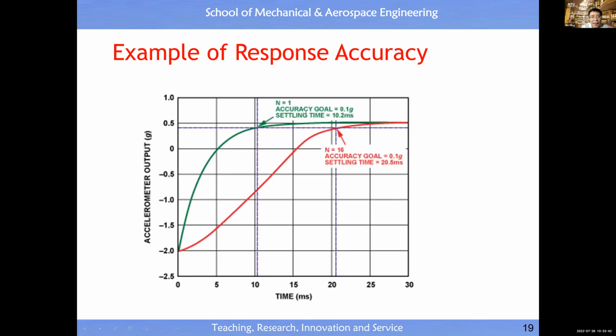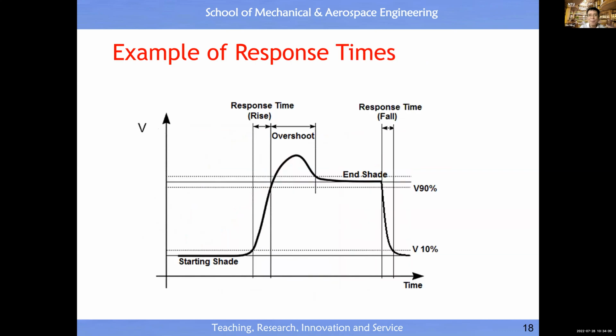Then response accuracy: for example, we want the output to be here, maybe 0.5, but the actual output could be 0.6. Then there's an error of 0.1. Hopefully we want the accuracy to be 100%. But today, for most systems, achieving 100% accuracy is not a problem. We can achieve 100% accuracy or 100% stability, but not 0 response time.